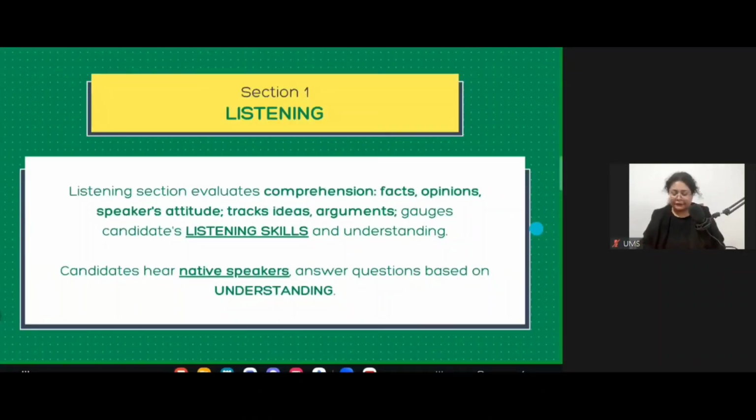Now, listening. So I would say in terms of difficulty, sometimes students have this complaint, you can say sort of an objection, that listening is so difficult, we have to keep track of what they're saying, we have to keep jotting it down, we have to answer our questions.